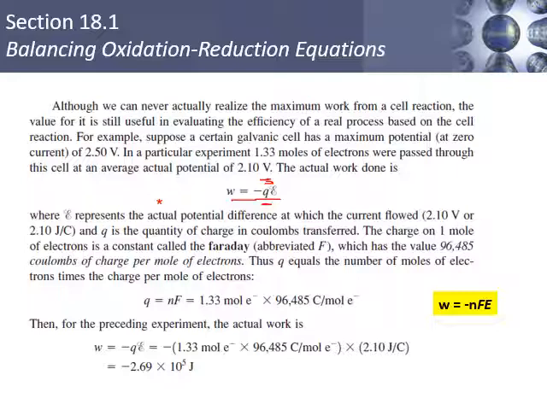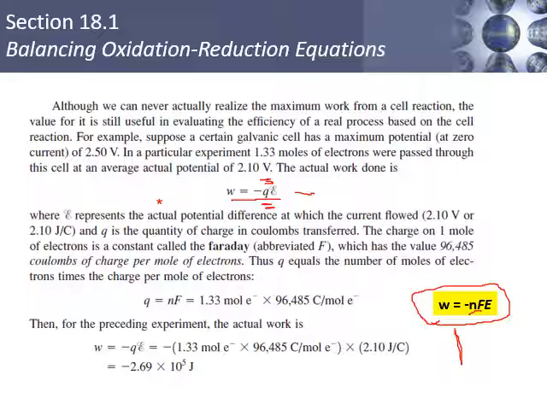So moles times coulombs per mole will give us coulombs, but it's easier to do the problems if we write it that way. So instead of writing it the way it is here at the top, we're going to write it the way it is here at the bottom right. Work equals minus nFE, where the nF here is replacing the Q right up here. So we're going to be using this thing right over here a lot.